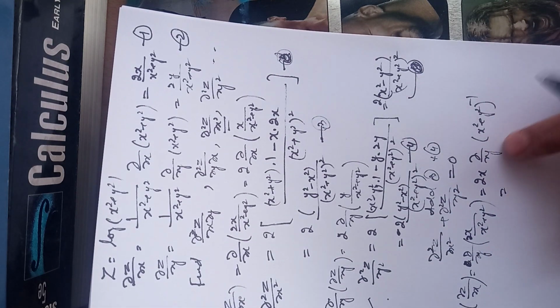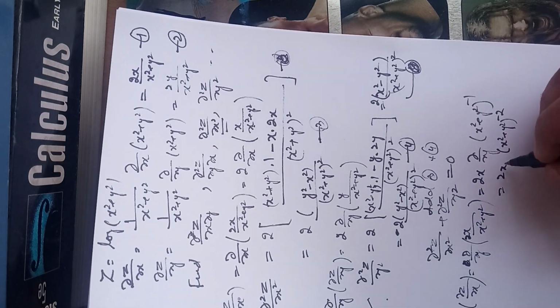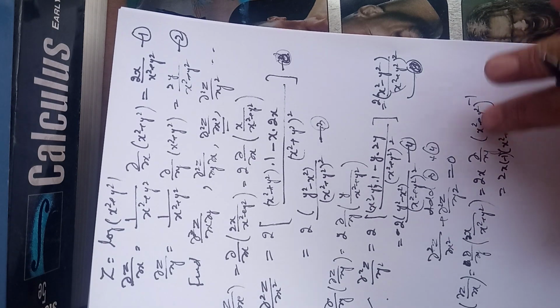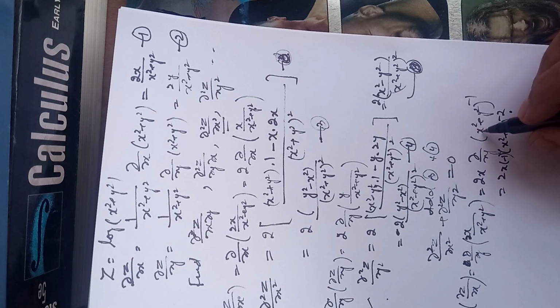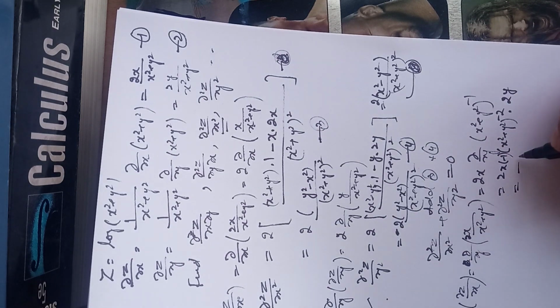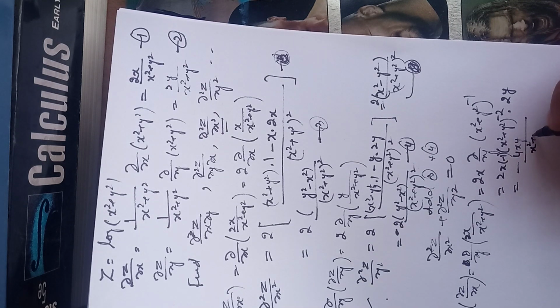Derivative of this with respect to y is 2x, x square plus y square raised to the power minus 2, as in x raised to n gives n x raised to n minus 1, and then the internal differentiation of the function with respect to y, which is 2y. So it is minus 4xy upon x square plus y square whole square.